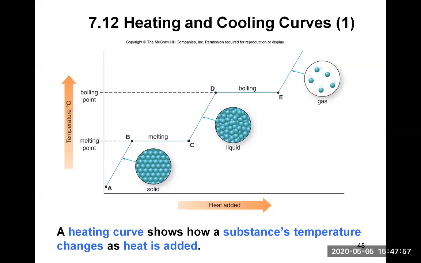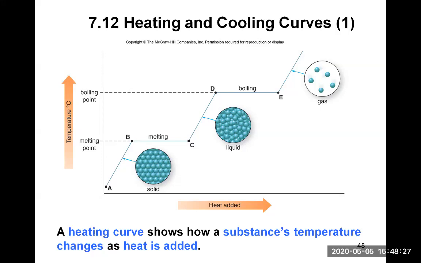Once all the solid is changed into a liquid, so at point C, the heat that is added can be used again to increase the temperature of the liquid. Now we have only a liquid. And so you see the temperature of the liquid increasing as heat is added until we reach the boiling point, which is at point D. When you have reached the boiling point of the liquid, it will start changing to a gas.